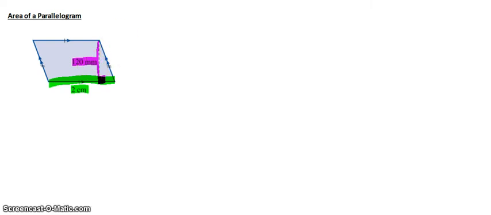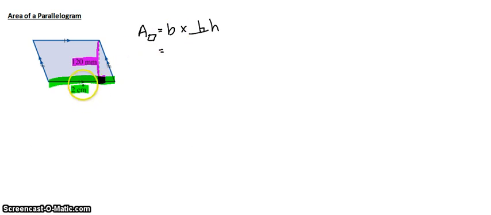So to work this area out, we just need to know our rule, which is very similar to the area of a rectangle, except instead of using length times width, we're going to be talking about it being the base times the height. So the area of a parallelogram equals the base times the perpendicular height.